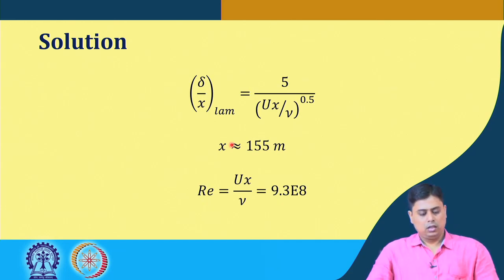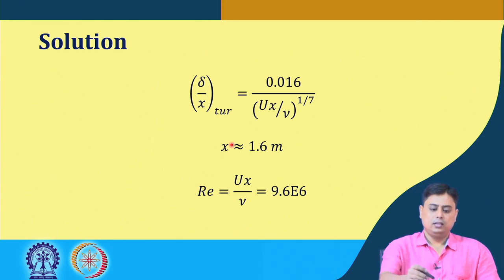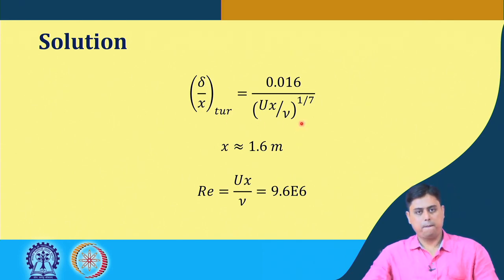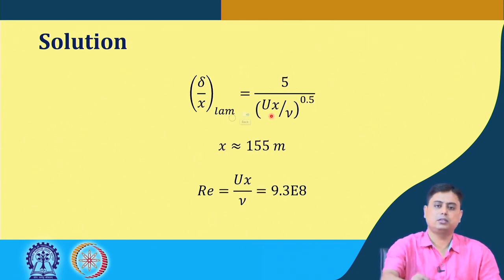Fine. So, we go for the turbulent condition. The relation for the turbulent condition is given as this expression. Again, similar to the previous calculation, we calculate x from this expression.